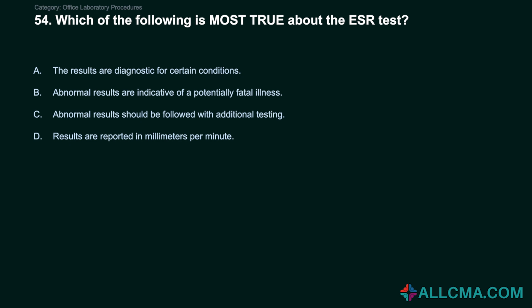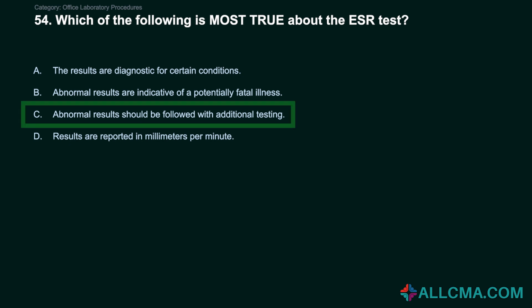54. Which of the following is most true about the ESR test? A. The results are diagnostic for certain conditions. B. Abnormal results are indicative of a potentially fatal illness. C. Abnormal results should be followed with additional testing. D. Results are reported in millimeters per minute.